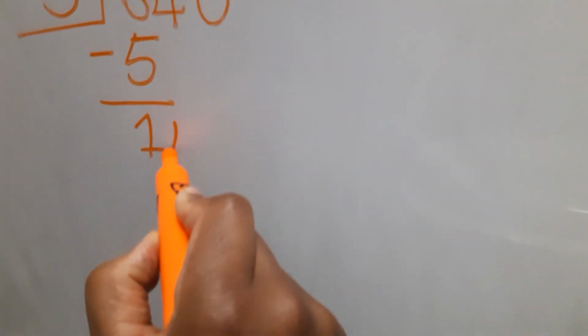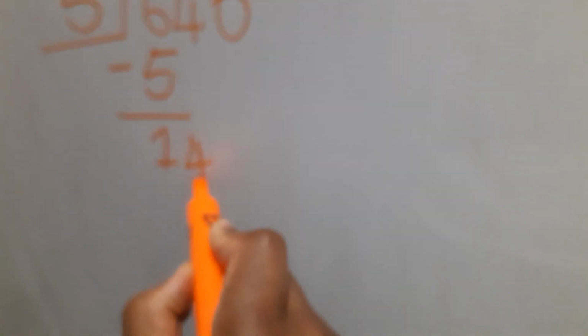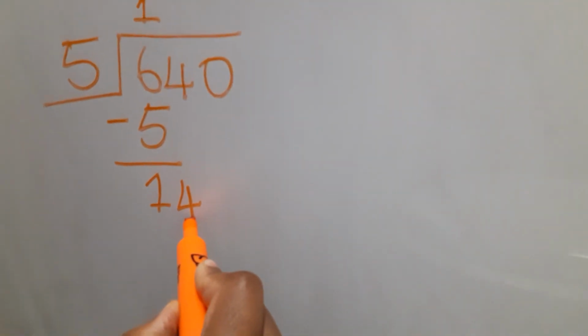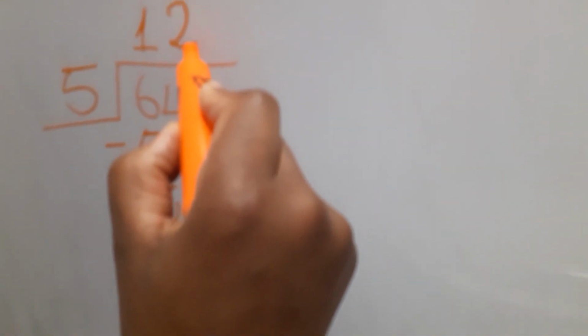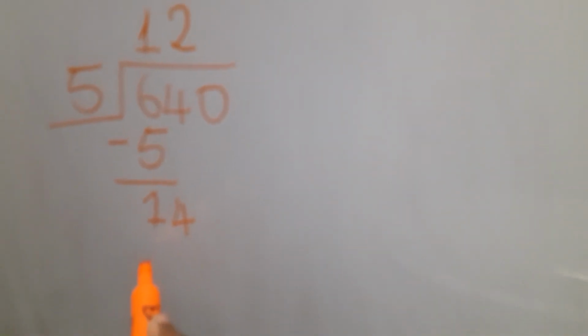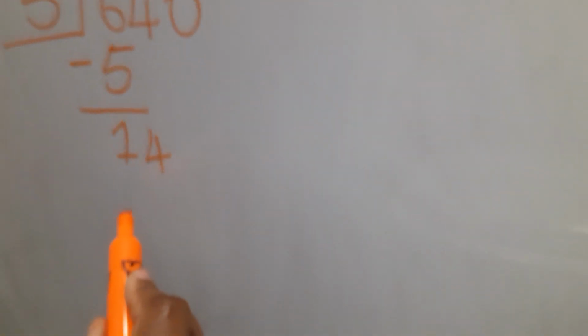We bring down the 4. 14 divided by 5 is 2. So if we have 2 at the top, 2 times 5 gives us 10.